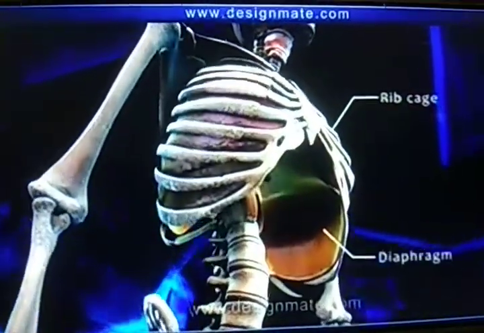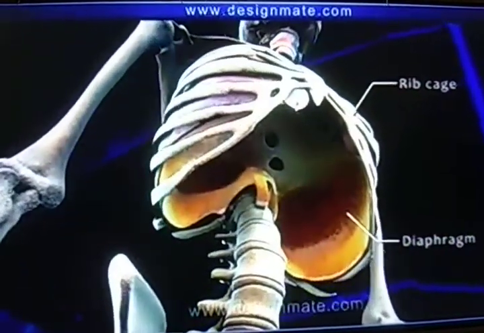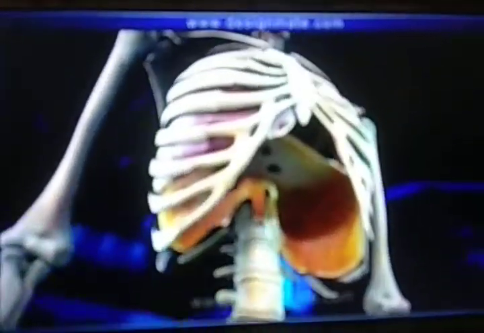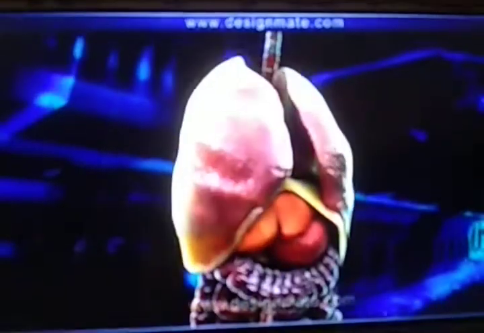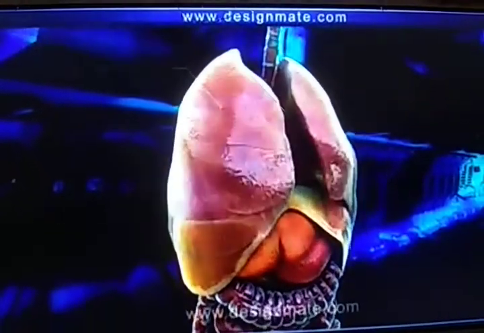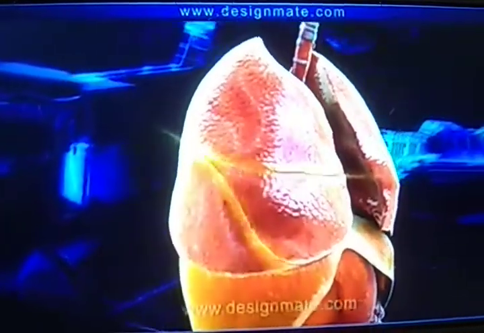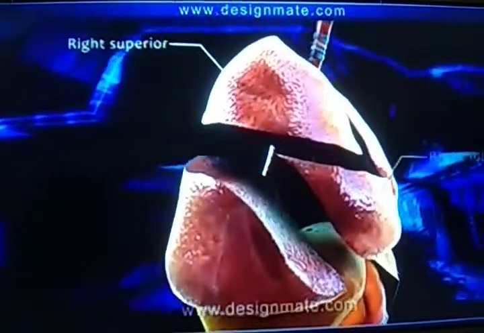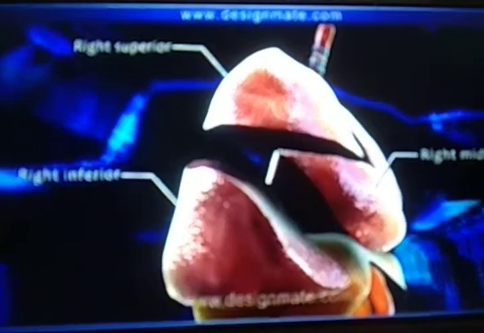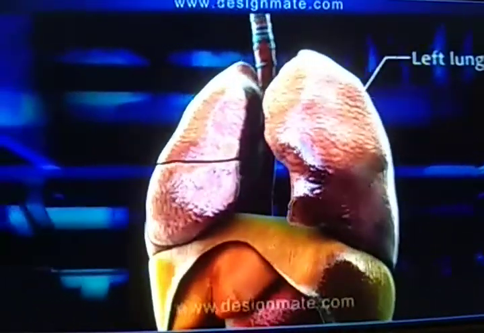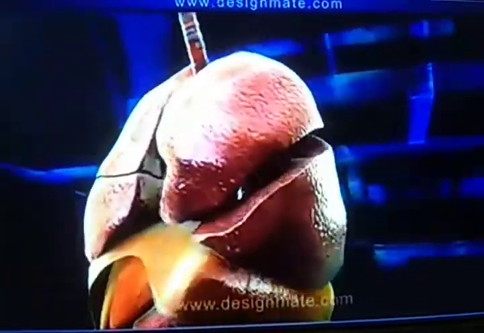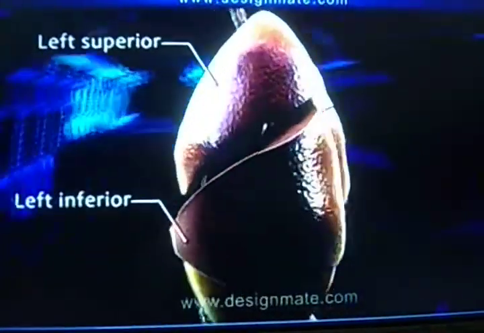So here in this region, a rib cage and a diaphragm are observed. Here lungs are present, you all know. Though the lungs are divided into three parts, which is not in your course, I'm just showing you the presentation so that it will be helpful to see how the mechanism of breathing works.